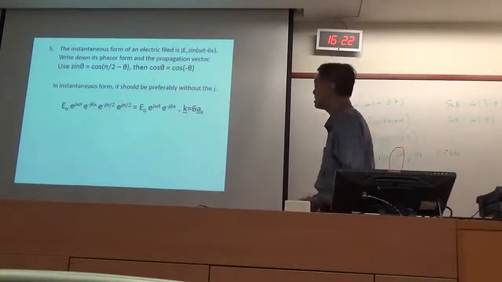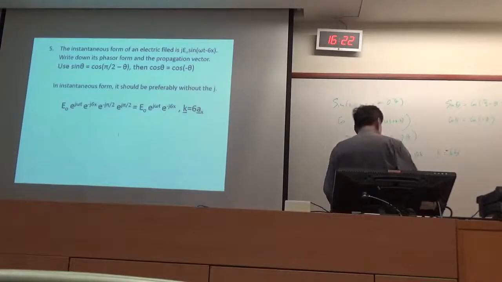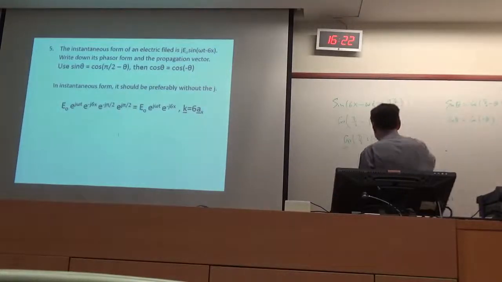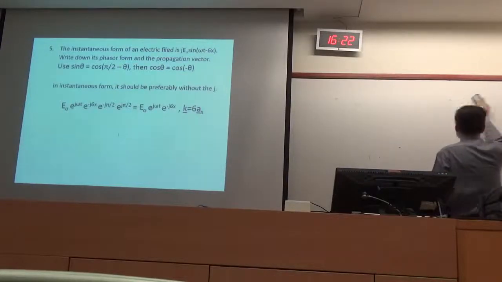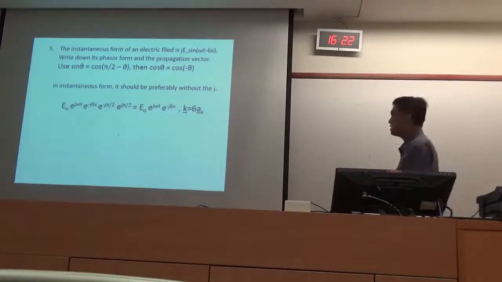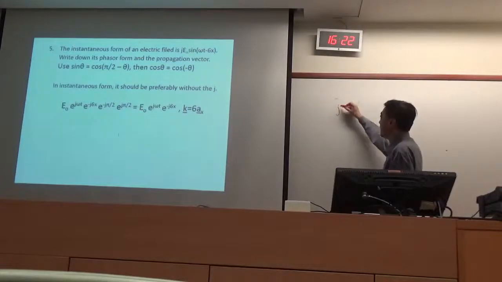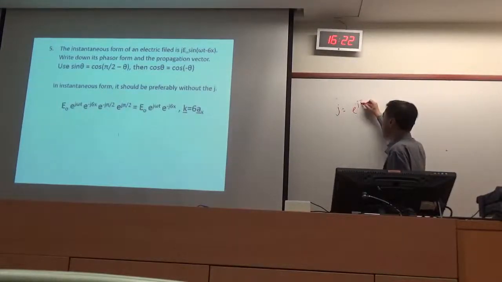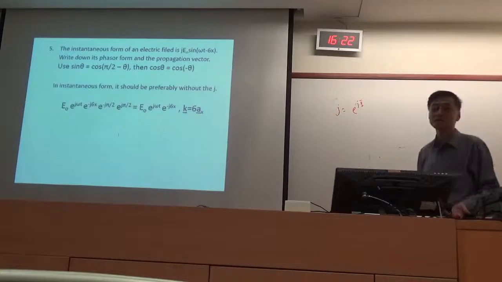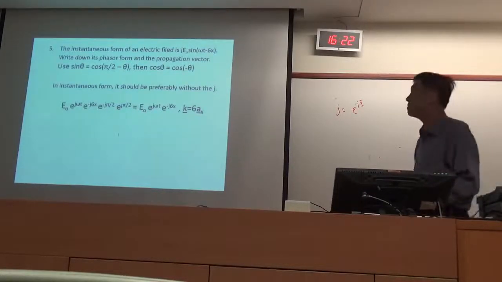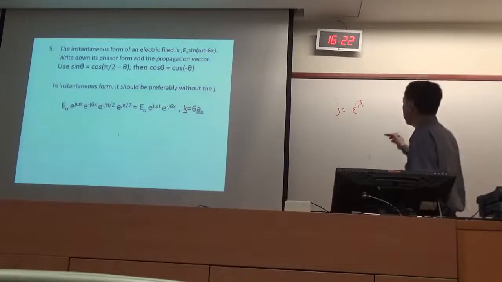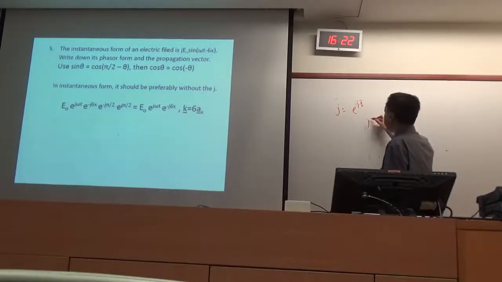Finally, this one, as I say, is a slight trick question. But many of you got it right, so it's not a big trick at all. The trick is, what does j mean? j is equal to e to the power j pi by 2. That is what it is. So in fact, you have j sine(omega t minus 6x).